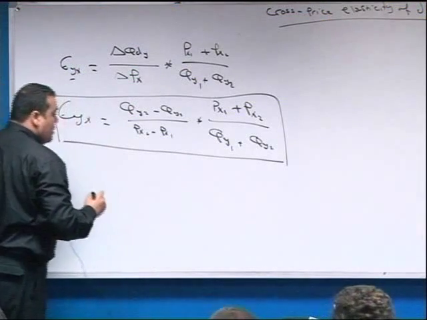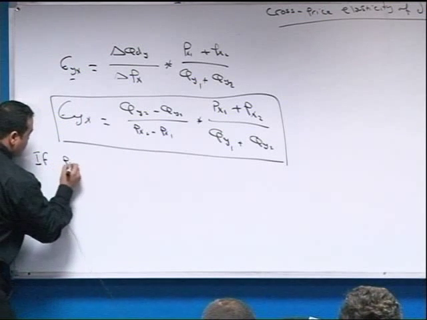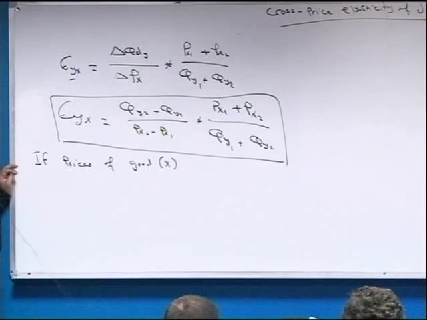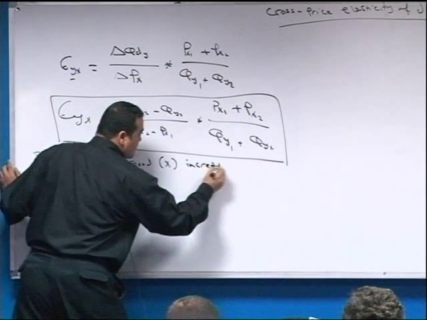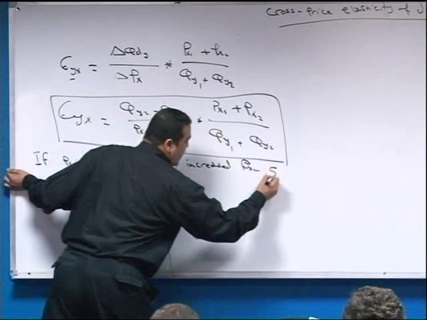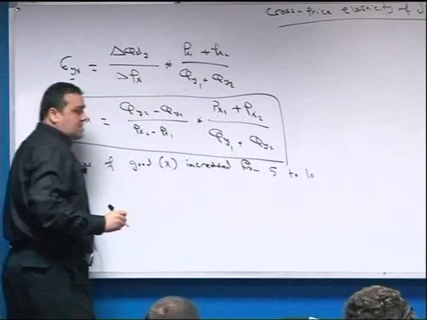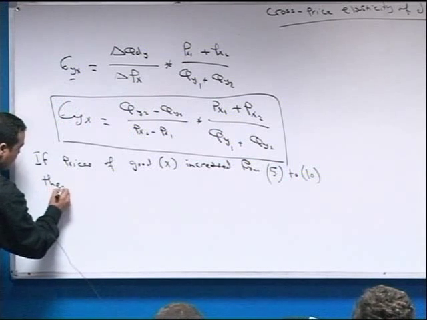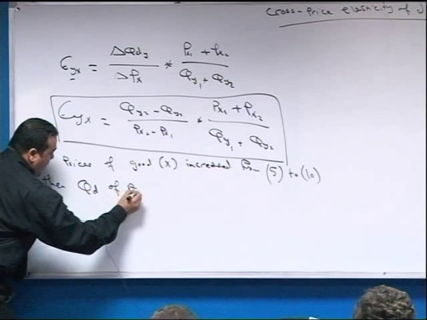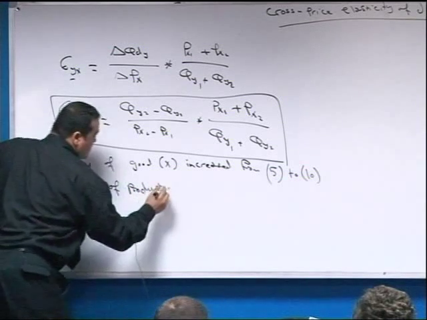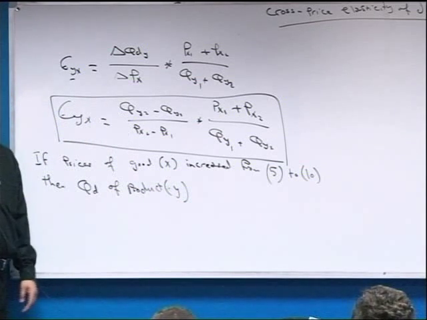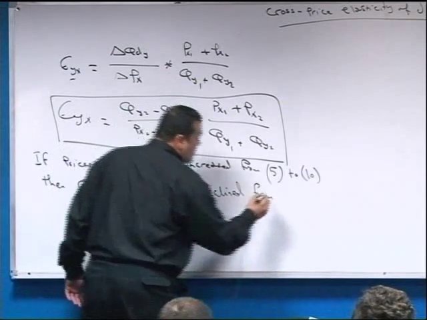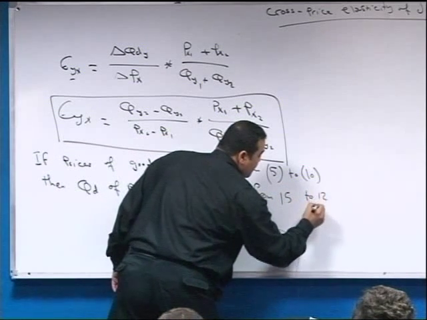So, suppose the prices of good X increased from 5 to 10 shekels, then the quantity demanded of product Y declined from 15 to 12 kilograms.